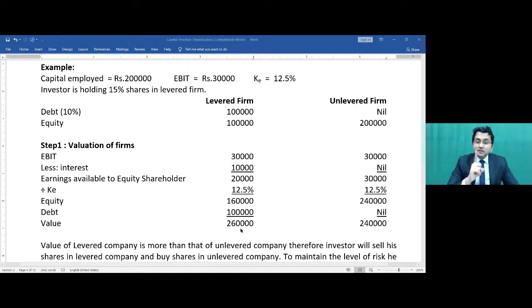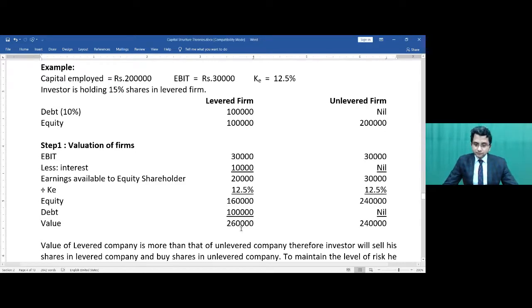Wait, this disequilibrium is not permanent. It will cause arbitrage, and quickly, as soon as disequilibrium arrives, within a day it will be converted into equilibrium. In fact, within an hour or maybe in few seconds, disequilibrium will not survive. People will do arbitrage and it will be quickly converted into equilibrium.